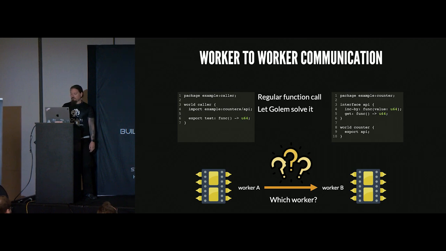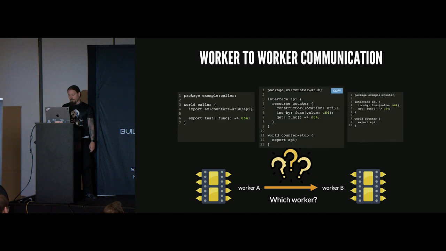But with a small change, we can introduce a third interface, which we will call counter stub. And it's almost the same as the counter, but we wrap the whole thing in a resource. And the resource is something that has a constructor and can have methods on it. So first you have to construct it by passing this location parameter to it.